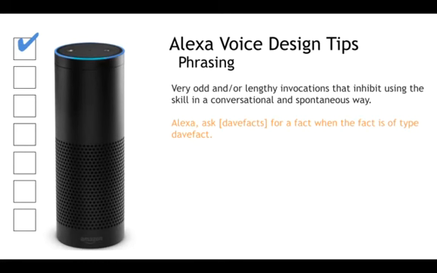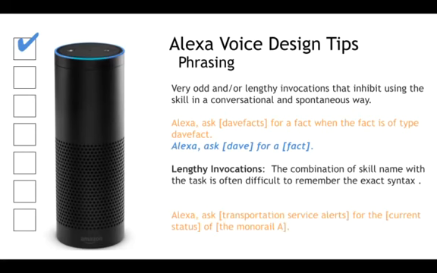That is a mouthful, so that's very hard to say. It's a lot easier to say, "Alexa, ask Dave for a fact." That is much easier, and it's also much more memorable. If I wasn't reading this first one, I wouldn't even be able to say it off the top of my head. So it's just important to keep that in mind. You also don't want to do lengthy invocations.